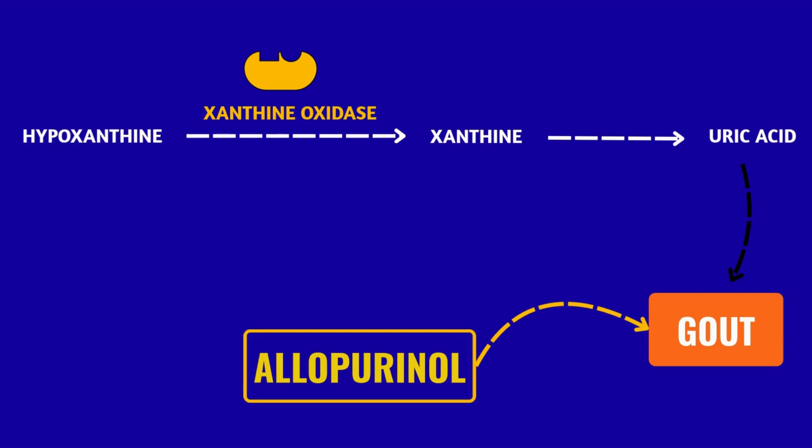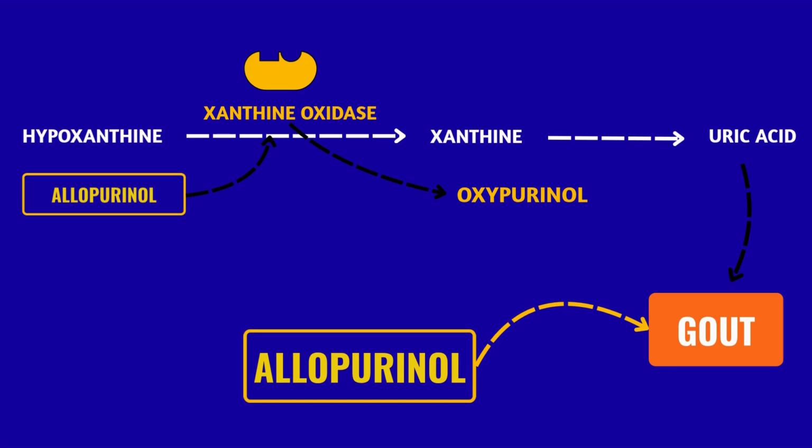Allopurinol is designed to look very similar to hypoxanthine. When allopurinol is taken, it tricks xanthine oxidase. Instead of hypoxanthine, allopurinol enters and binds the active site. Xanthine oxidase tries to process allopurinol, just like it would with hypoxanthine. The enzyme converts allopurinol to oxypurinol, which is the product here.